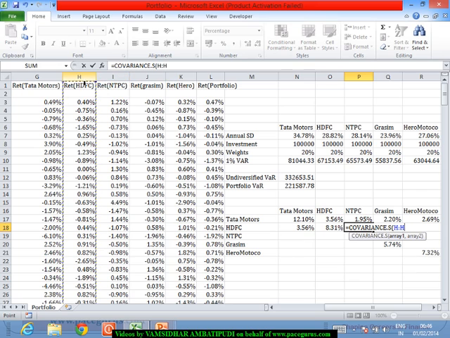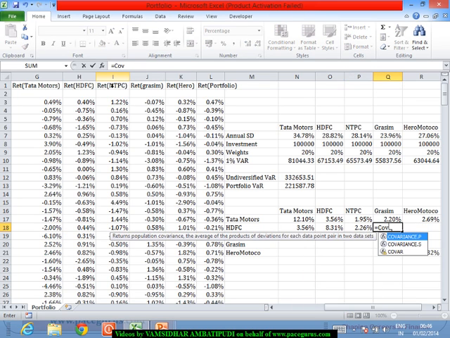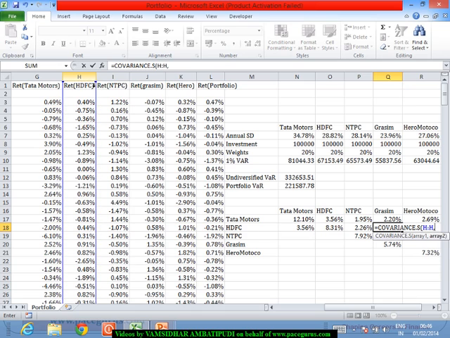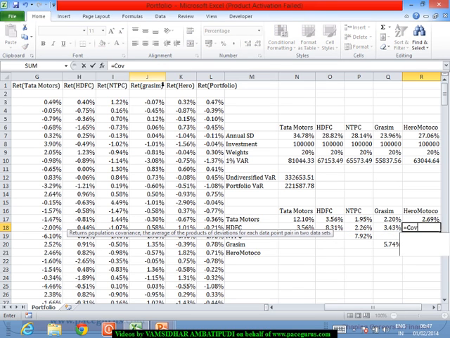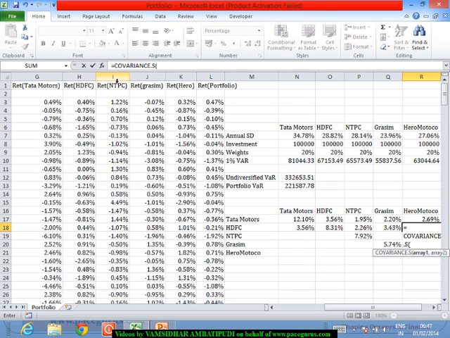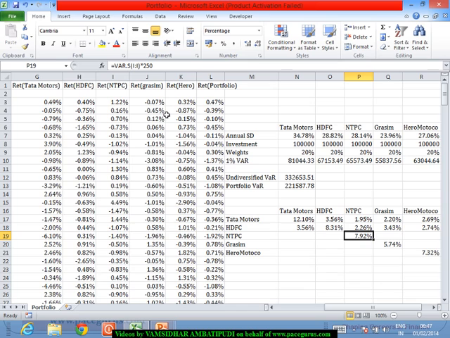Covariance between this and this multiplied by 250, covariance between this and this multiplied by 250, covariance between HDFC and Hero Motors multiplied by 250.